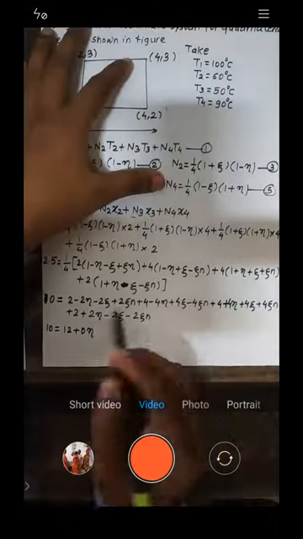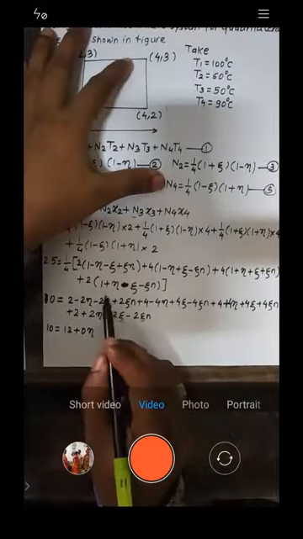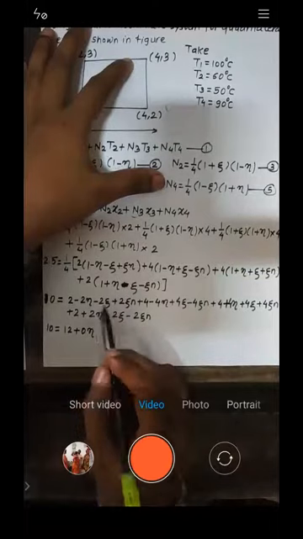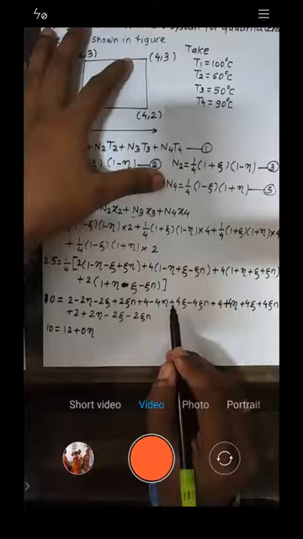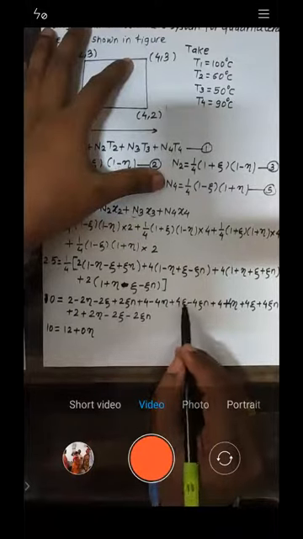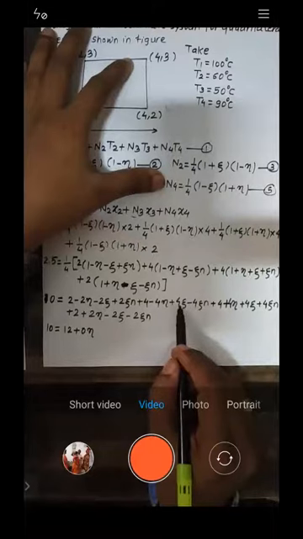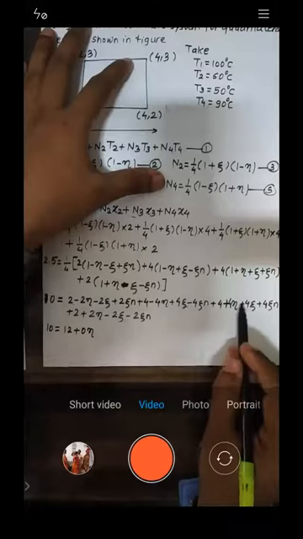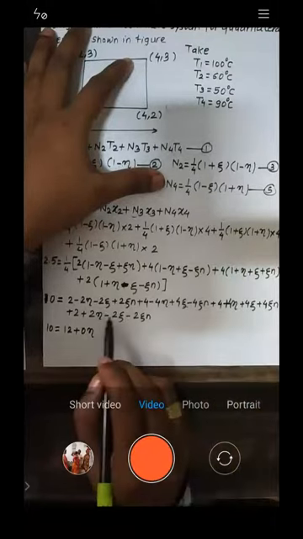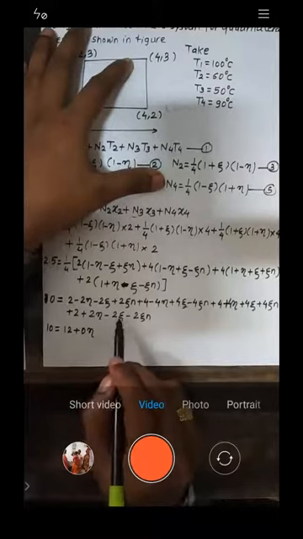Next, go for this zeta. This is minus 2, this is minus 2. This is minus 2 plus 4, that is 2, right? Then 2 plus 4 is 6. Then this is 6 minus 2, and 6 minus 2 is 4, right?